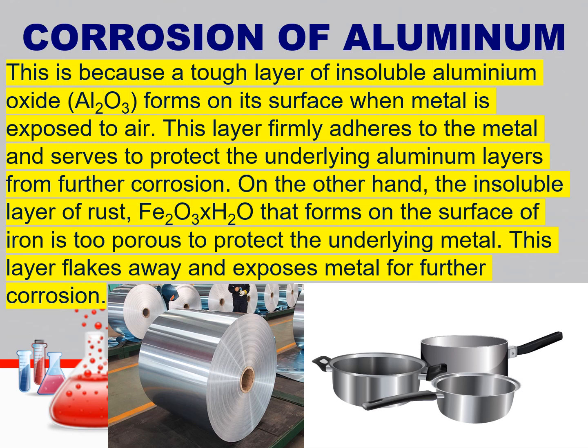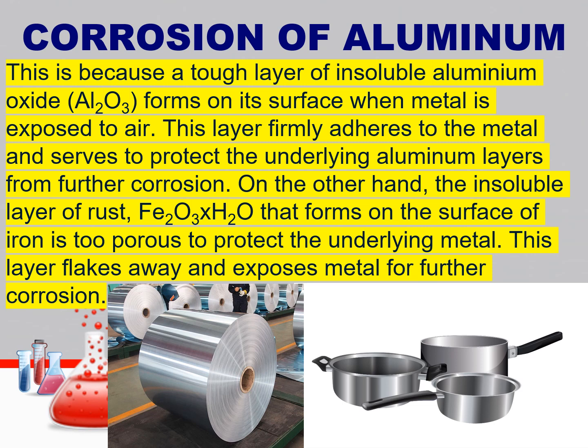This is because a tough layer of insoluble aluminum oxide forms on the surface when metal is exposed to the air. This layer firmly adheres to the metal and serves to protect the underlying aluminum layers from further corrosion.